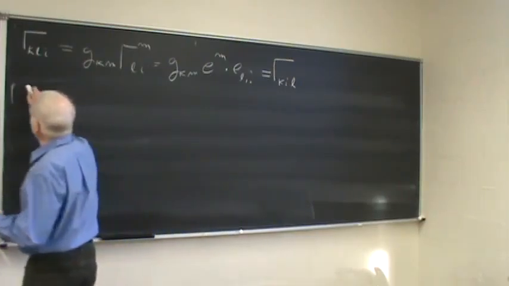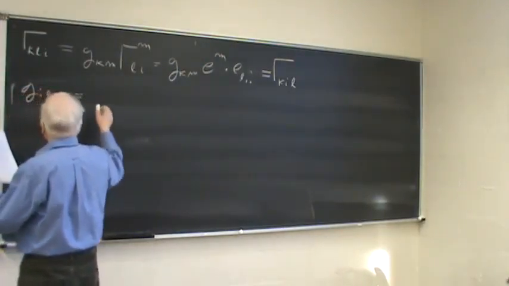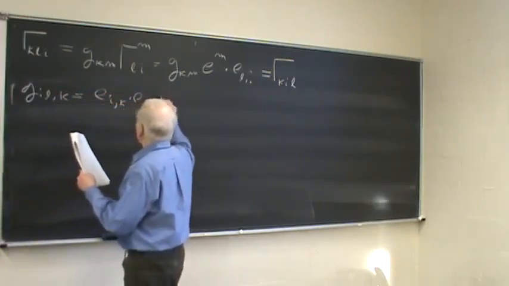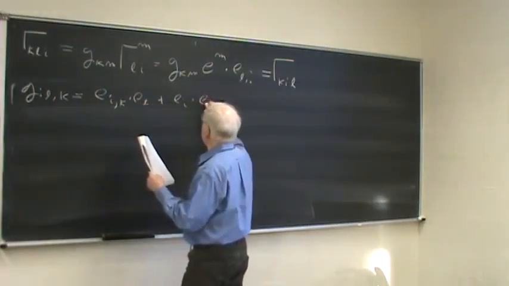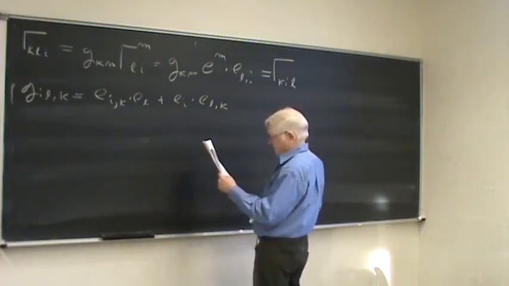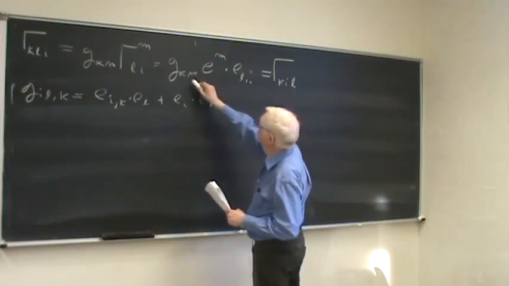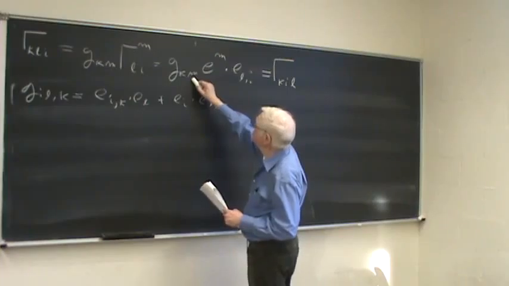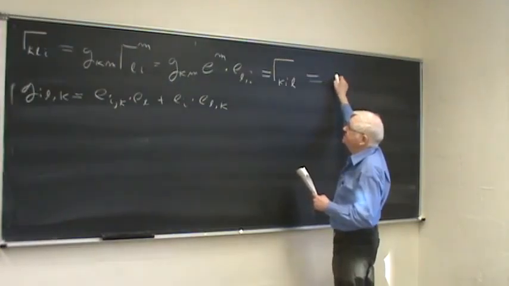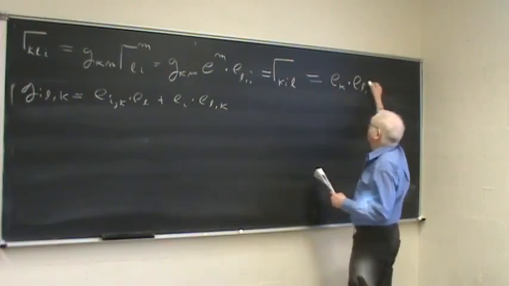And now let's consider g_{il,k}. Well, this is e_{i,k} · e_l plus e_i · e_{l,k}, and I see now that I skipped something. Let's lower this index m, so this is equal to e_k · e_{l,i}.